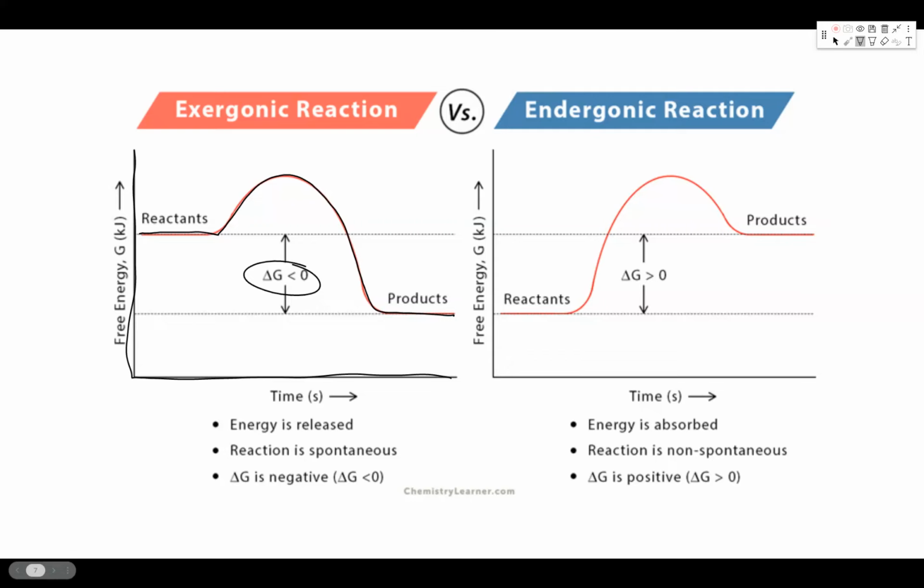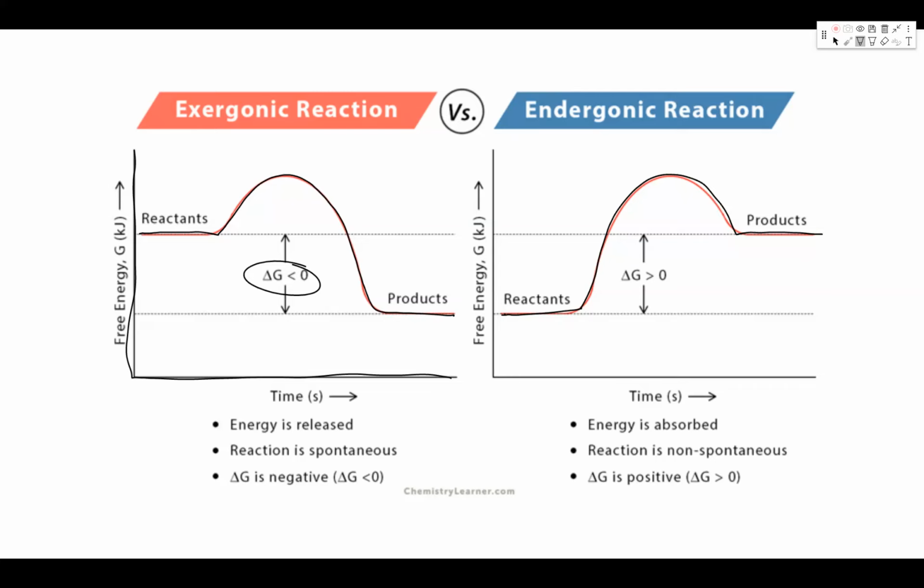That is an exergonic reaction because we are releasing energy. There is a big energy difference here, a negative energy difference with the exergonic reactions. With the endergonic reactions, our reactants, the things going into our reaction, are lower than our products.